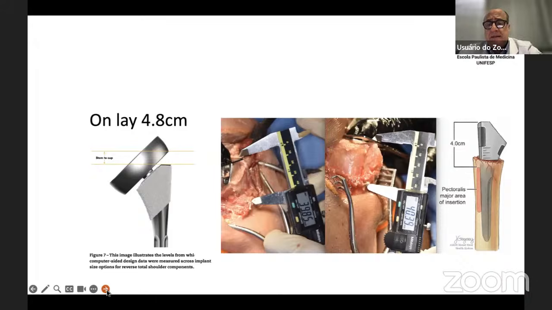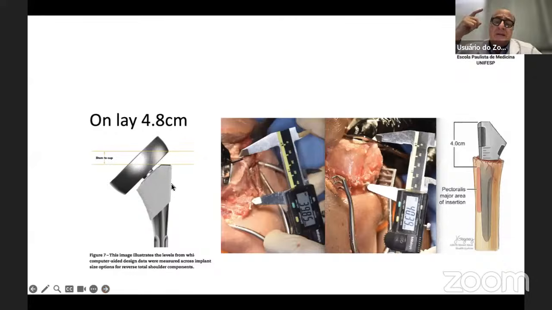They make this landmark of 4 centimeters from the stem. This 4 centimeters is related to the upper side of the pec major, and the pec major to the top of the stem. But when you are using the insert of the stem, you can calculate 4.8 centimeters, as you can see.